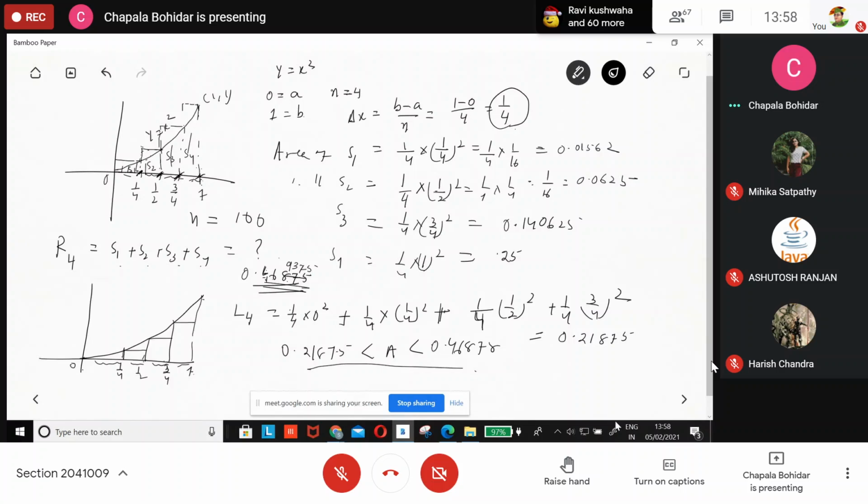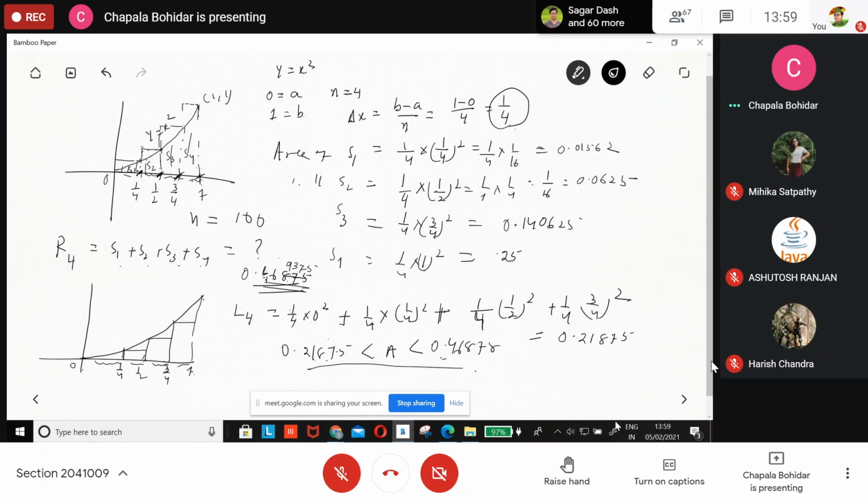If we take n tends to infinity, the left hand side area and the right hand side area are very close to each other. We'll discuss that by considering n is equal to 8 in the next class.